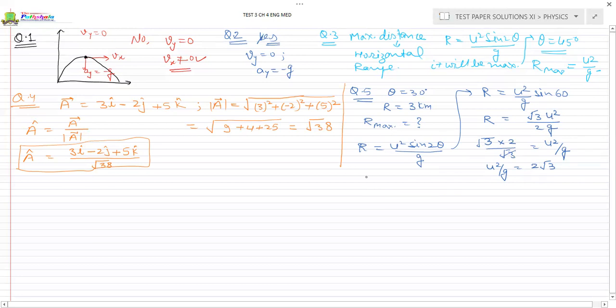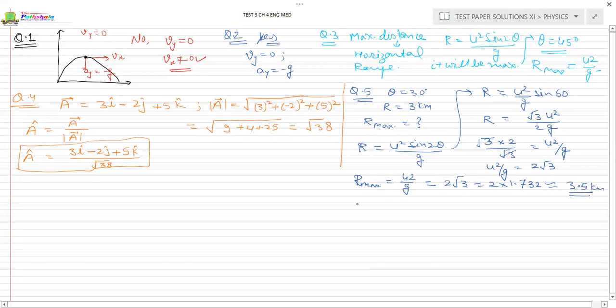And now what is R maximum? What is the formula for R maximum? R is maximum when theta is equal to 45 degree, so it is equal to U square upon G. So R maximum is equal to 2 under root 3, that is 2 multiplied by 1.732, which is approximately 3.5 kilometer.